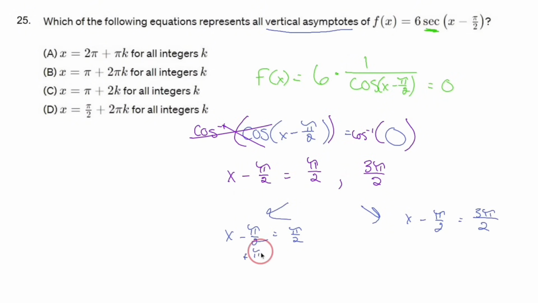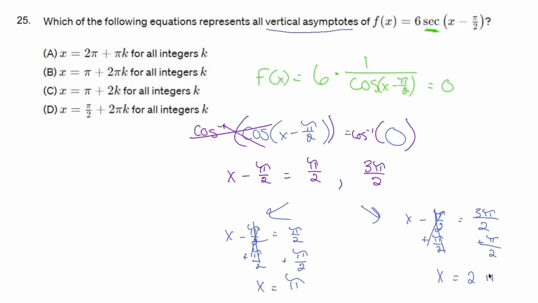Add pi over 2 to both sides, and half a pi plus half a pi gives me a whole pi. That's one option. My other option is to do the same exact process: add pi over 2, and 3 pi over 2 plus pi over 2 is 4 pi over 2, which is 2 pi.